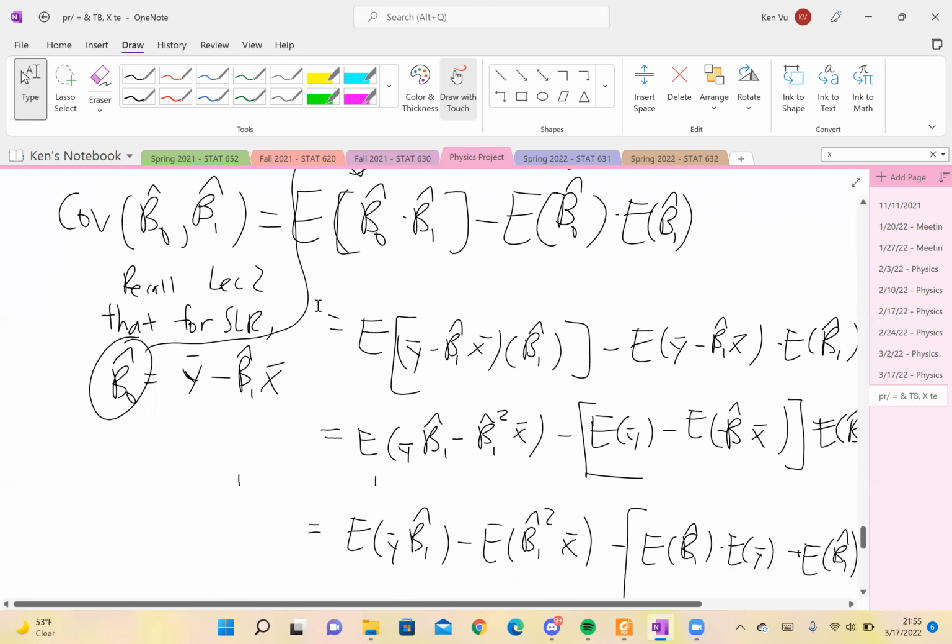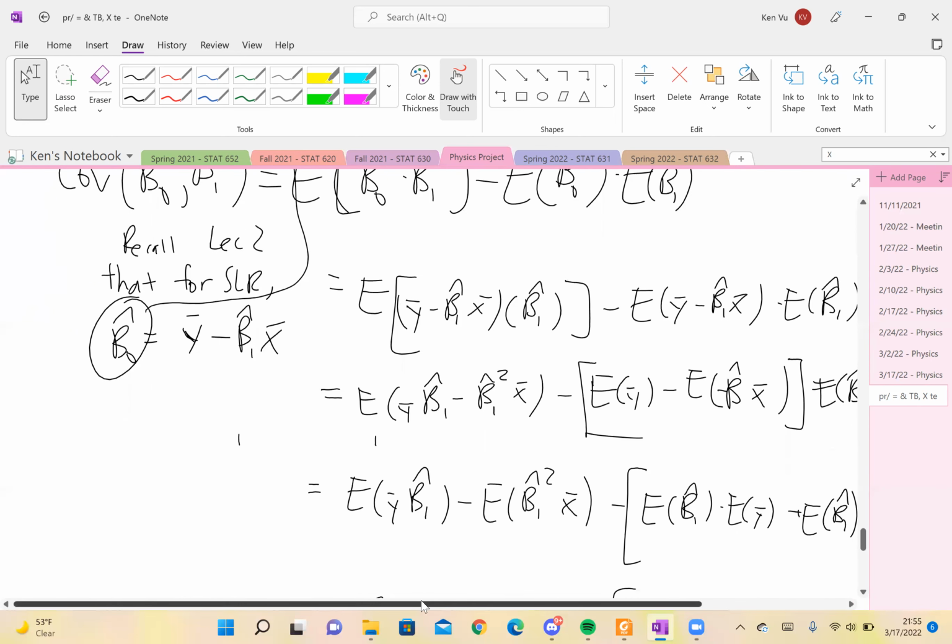Now, you want to remember from lecture 2 that beta 0 hat is defined as y bar minus beta 1 hat times x bar. So using that definition, wherever you see beta 0 hat, you want to substitute this equation right here.